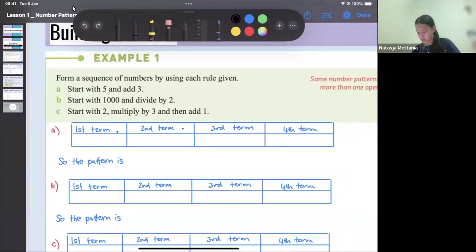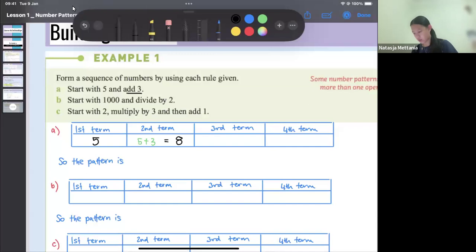All right, so let's do this. My first number is going to be 5. Then I'm going to add 3 to it. That's what it said. That's the rule. 5 plus 3 gives me what? Gives me 8. So 5 plus 3 equals 8.